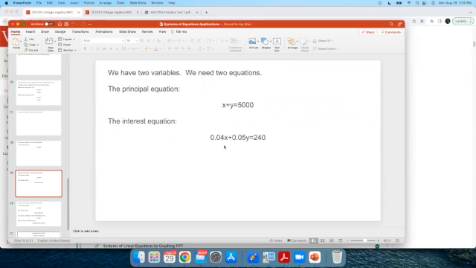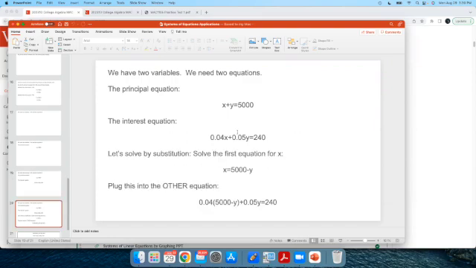We're all experts at solving systems of equations, right? Substitution, elimination, whatever your favorite is. I'm going to do substitution. So I'm going to solve the first equation for X in terms of Y. Take that and substitute that in right there into the other equation.